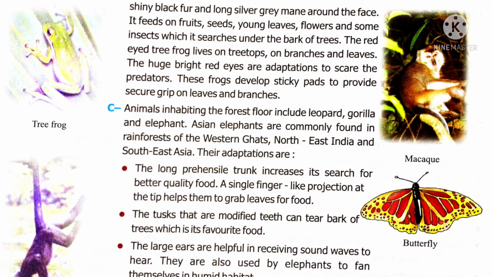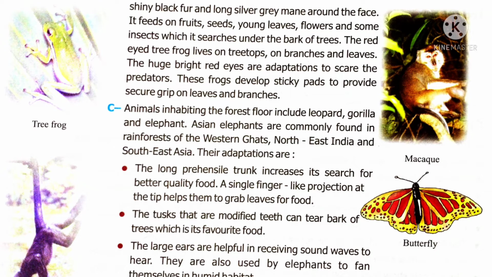These animals feed on fruits, seeds, young leaves, flowers and some insects. The red-eyed tree frog lives on treetop branches and leaves. Its huge bright red eyes are adapted to scare predators. These frogs also have sticky pads in order to grip leaves and branches.